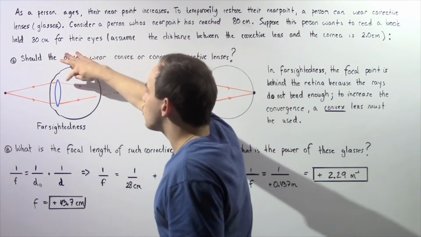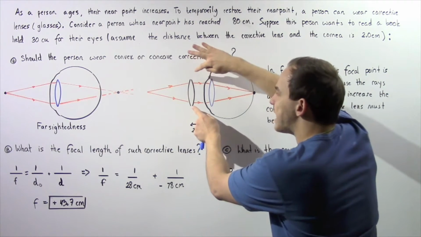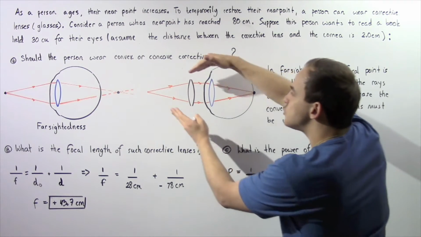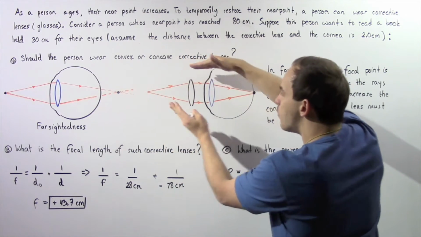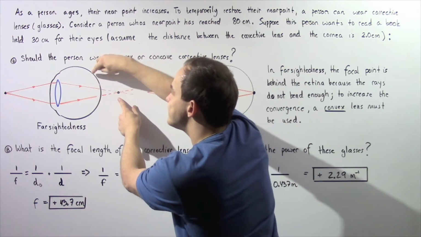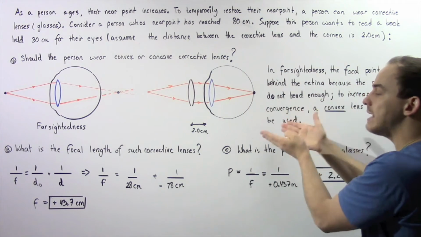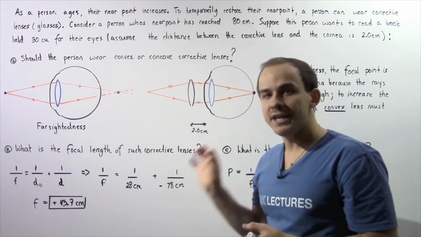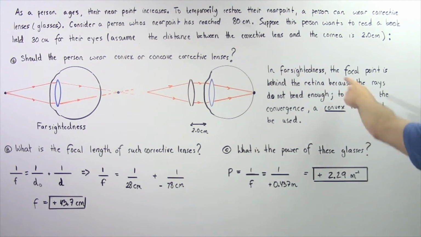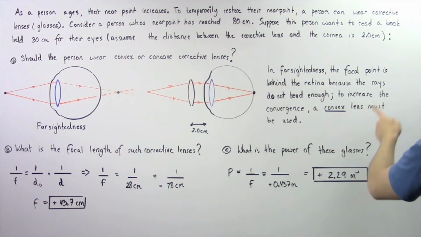Because our rays of light are not able to converge quickly enough, if we use a convex or a converging lens, that lens will essentially bend our rays of light even more so that this point is brought to our point that exists on the retina in the back of the eye, and now the person is able to see that object clearly.